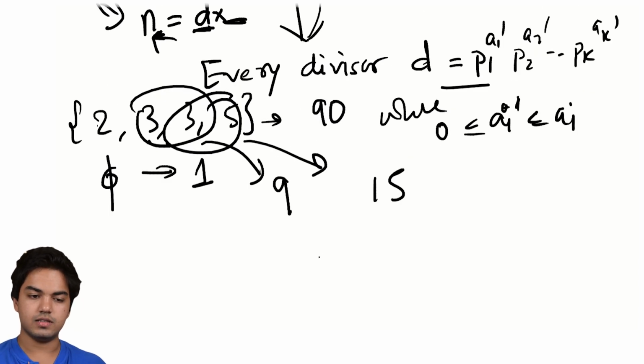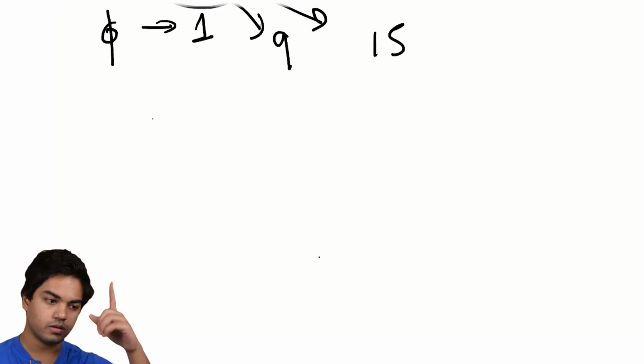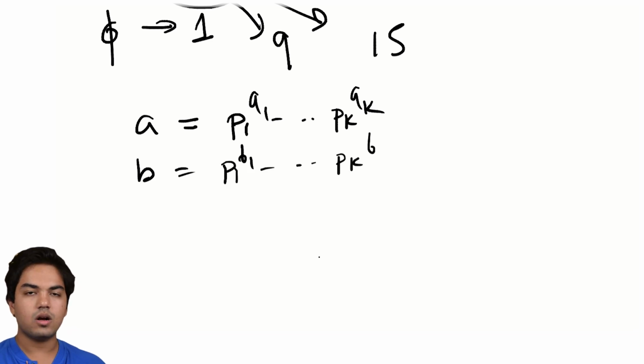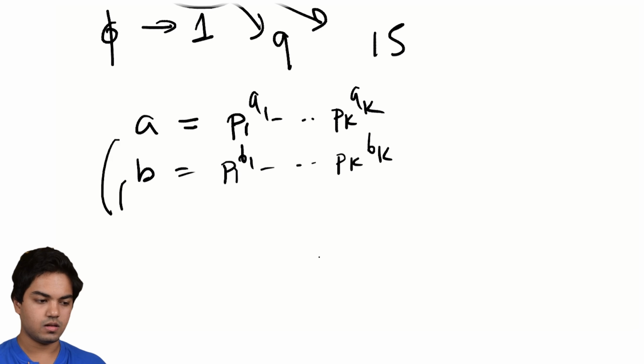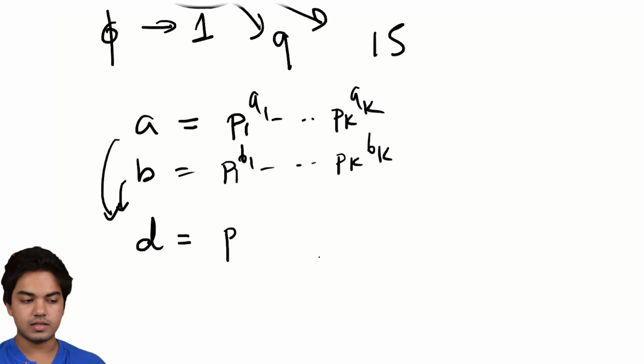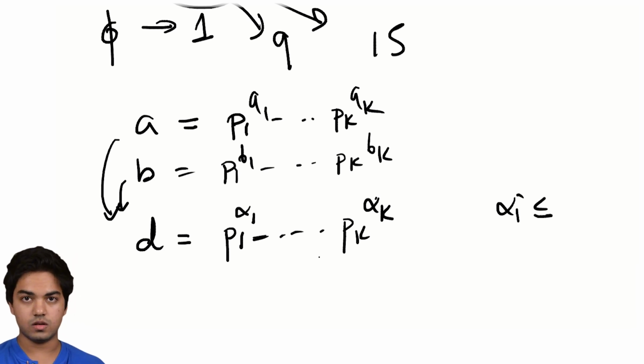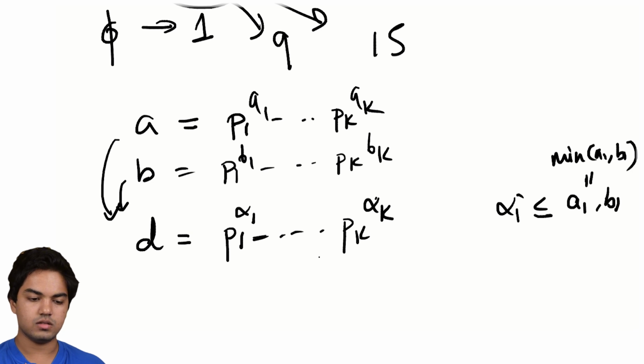So, we have this. Now coming back to our original form, if I have A, which is P1 to the A1 all the way up to Pk to the Ak, and B is P1 to the B1 all the way up to Pk to the Bk, a common factor of A and B is a number D such that, since D divides A and also D divides B, it's of the form P1 to the alpha 1 all the way up to Pk to the alpha k, where the alphas are not only less than or equal to the Ai, they're also less than or equal to the Bi. In particular, each is less than or equal to the minimum of Ai and Bi, and more than 0.